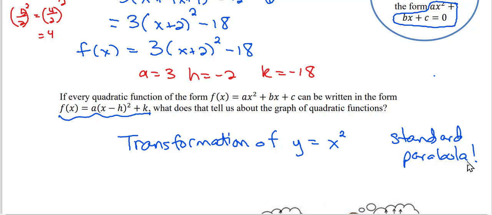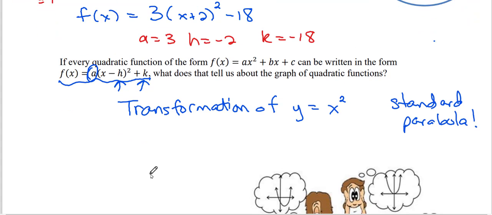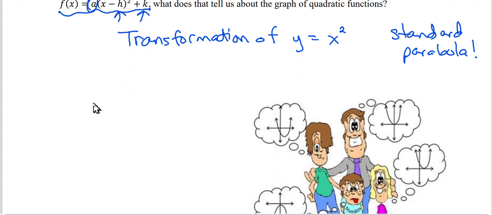So because of that, we know that we're going to have possibly a stretch or shrink here with that a. This is a left or right shift, and that's an up or down shift. So that's why we're excited to rewrite that quadratic function in that different form.